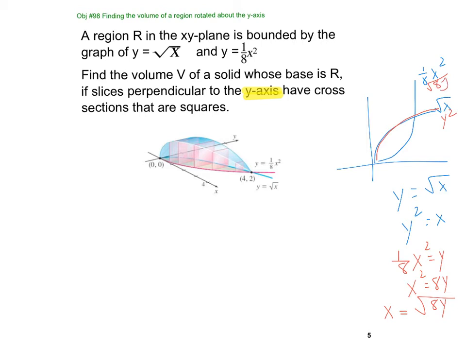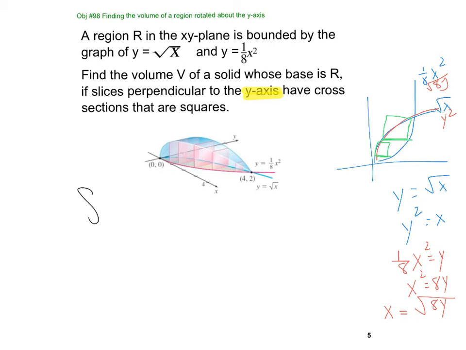All right. So now for this one, when we're doing this in terms of y, our cross section is going right to left. So that's the base, right? And I have my square just like popping out. Right? So down here it's smaller and it's popping out. All right. So now when we're doing it in terms of y, instead of top minus bottom, it's right minus left.